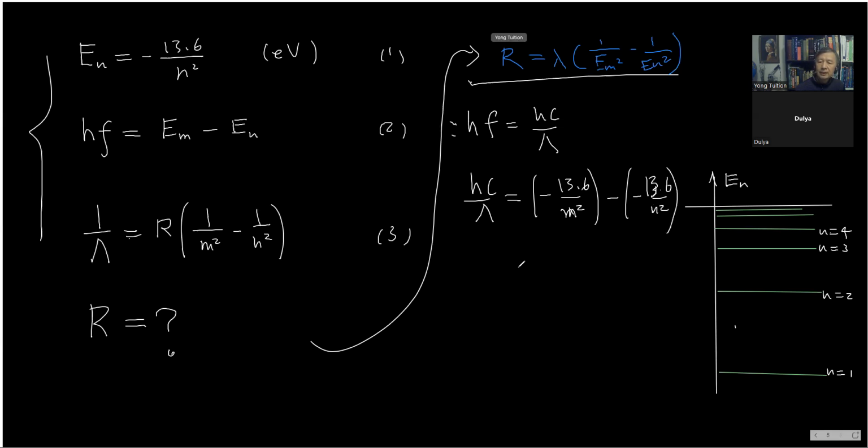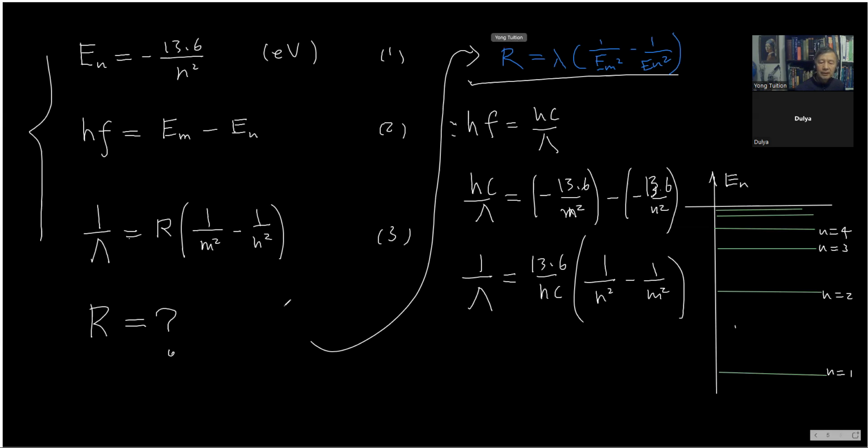Then we divide by hc, and we get lambda. Then we get a factor here, 13.6 divided by hc, and inside it will become n squared take m squared.